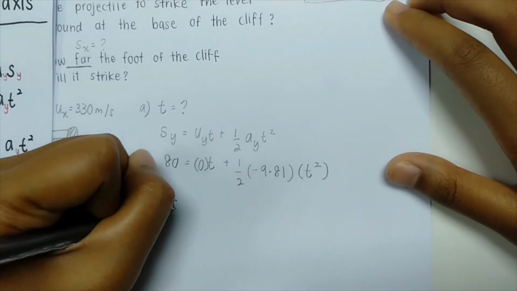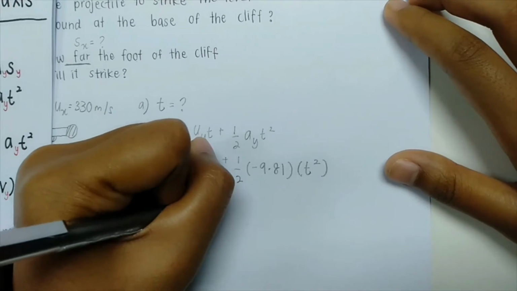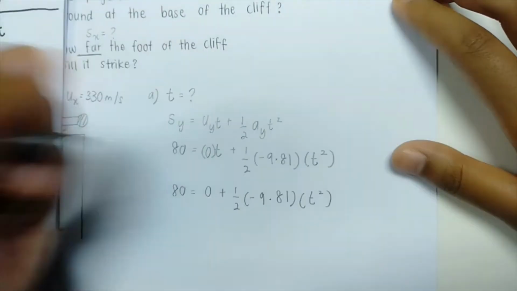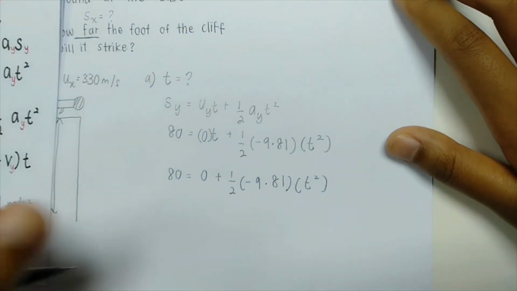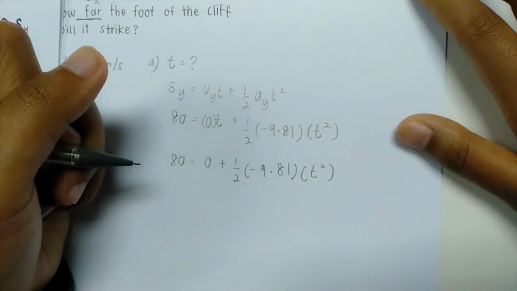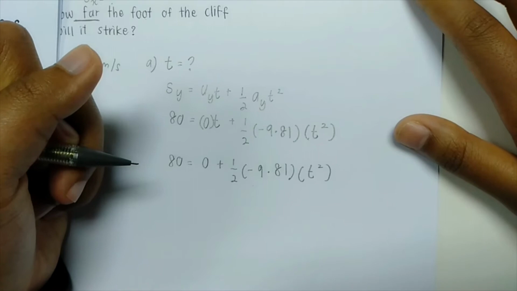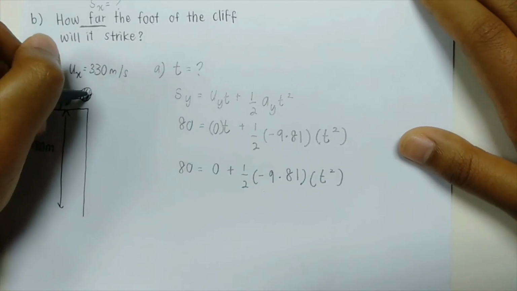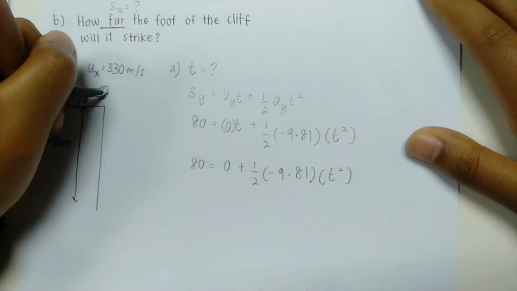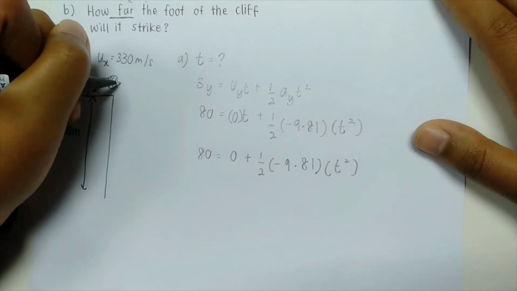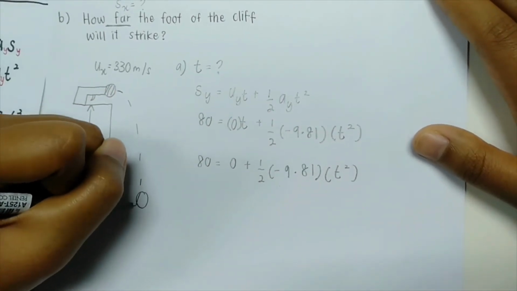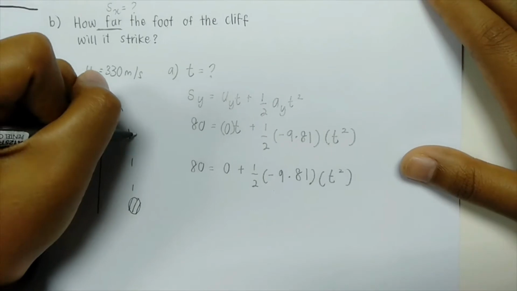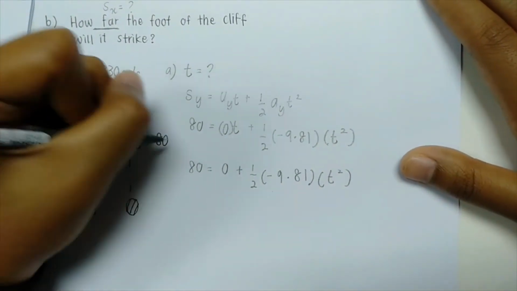So 80 equals 0 plus one half negative 9.81 t squared. Now we can solve it, but remember there is some error: the projectile travels from the highest height to the ground, so Sy must be negative. Sy equals negative 80 meters.